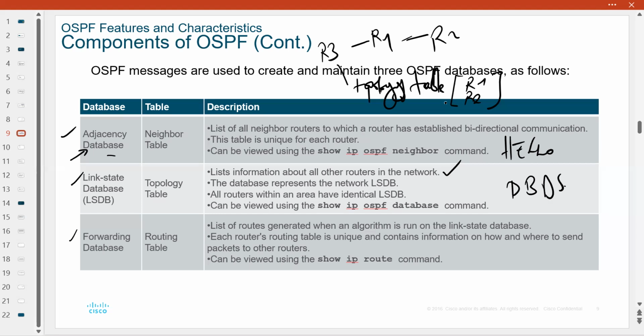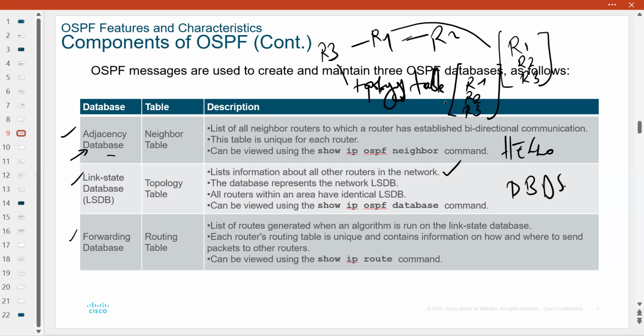R1, let's just say, minimum topology table, let's include R3 as well. Because R3 knows my neighbors, knows the networks it is directly connected to. R1 itself, R2 and R3, this is the topology table. So you see the information in the topology table is the same for every router in the network, which is not the same for my adjacency.